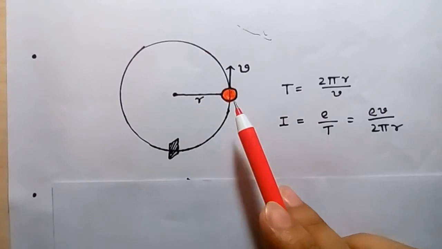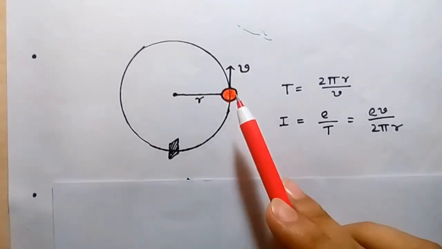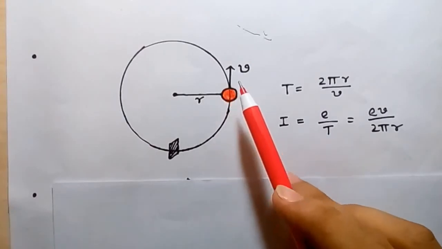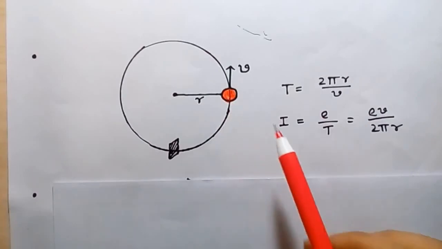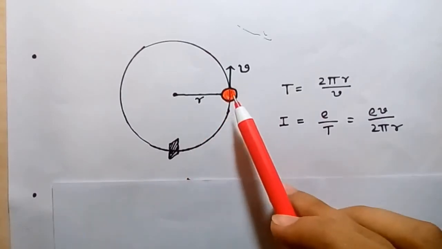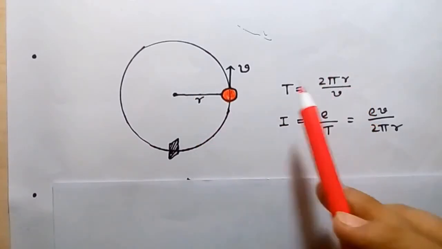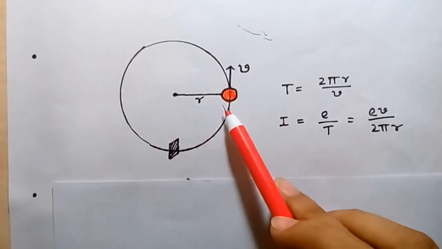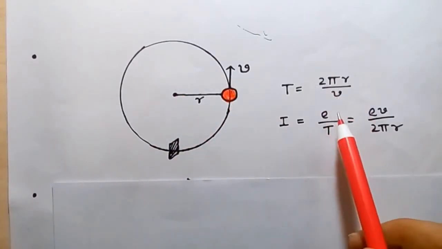If an electron of mass m, charge e, and linear velocity v revolves around a circle of radius r, then the time it takes for a complete revolution is the total distance divided by its velocity. Total distance is the circumference of the circle, that is 2 pi r, divided by the velocity v.